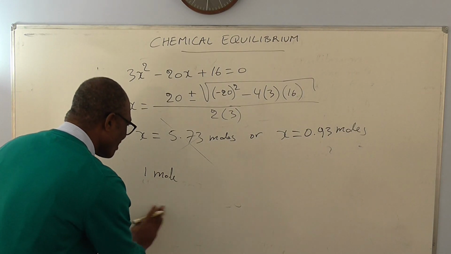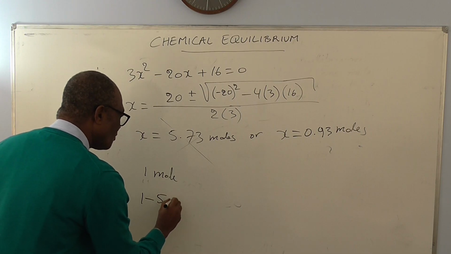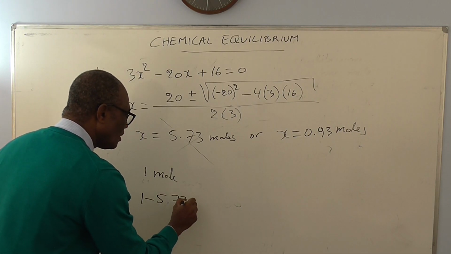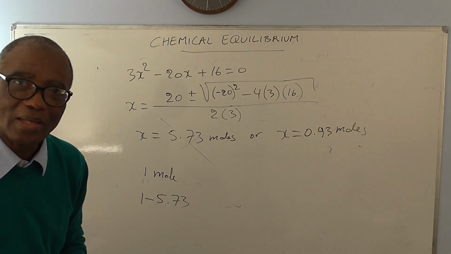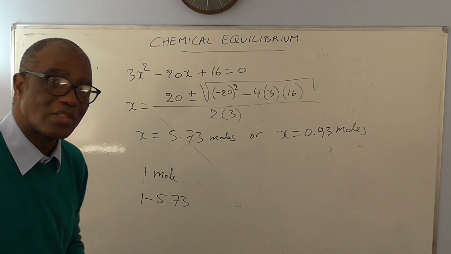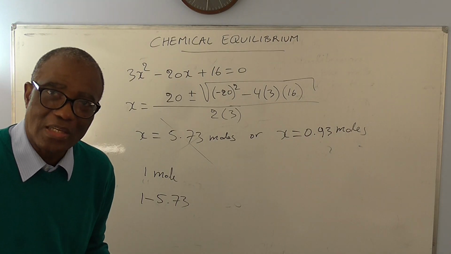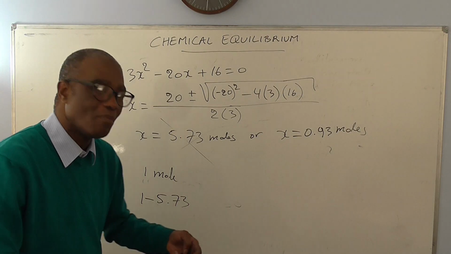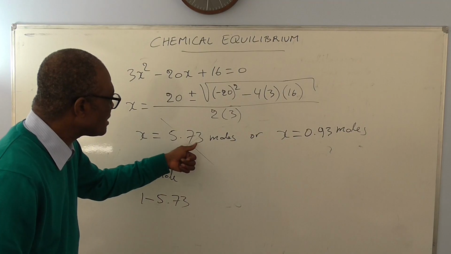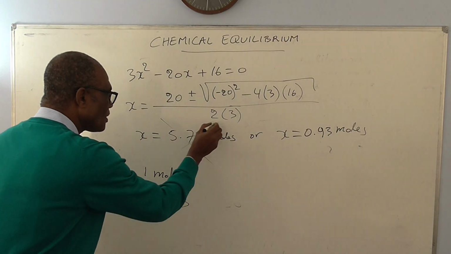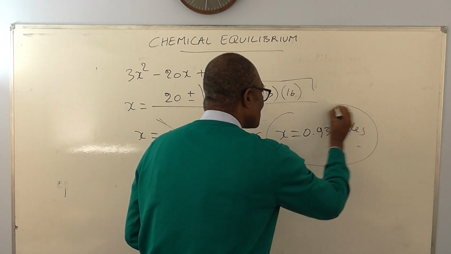That means at the equilibrium, we would have 1 minus this. That's going to give minus 4.73. This is no, and it doesn't exist. A minus 4 moles doesn't exist. That's why I say this answer is not valid. The only valid answer is this one.